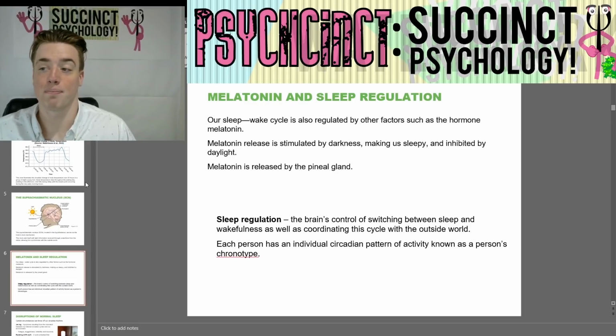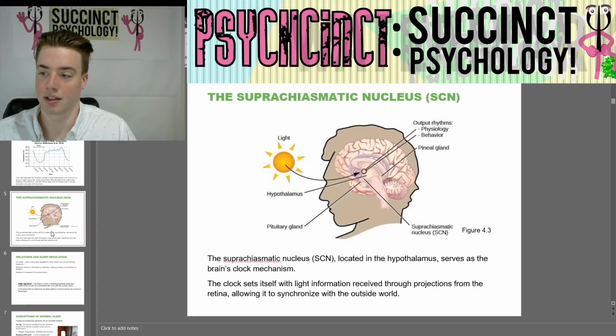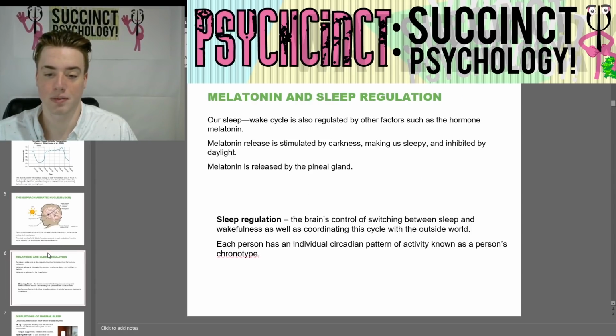So continuing on, we have melatonin and sleep regulation. Our sleep-wake cycle is also regulated by other factors such as the hormone melatonin. Melatonin release is stimulated by darkness, making us sleepy, and inhibited by daylight. Melatonin is released in the pineal gland. You see right here, that's where melatonin is released.